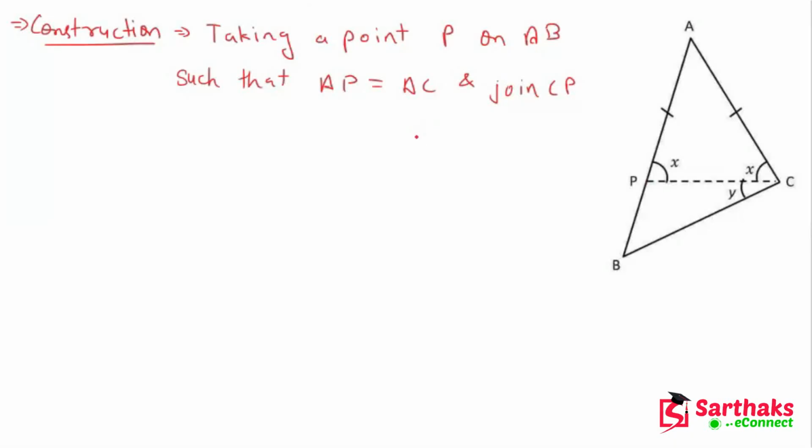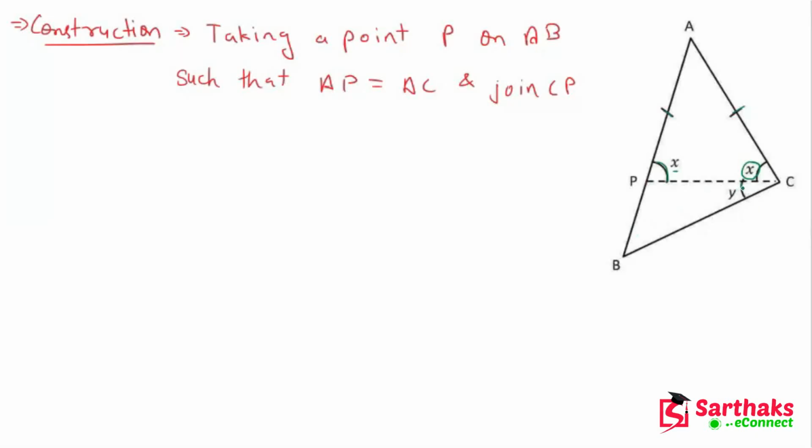I hope you understand these things. Now let angle APC be x. If this angle is x, this angle is also x, because here two sides are equal, and angles opposite to equal sides are equal.